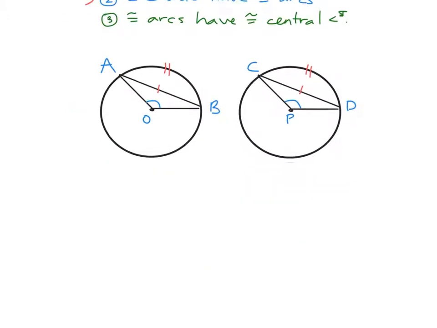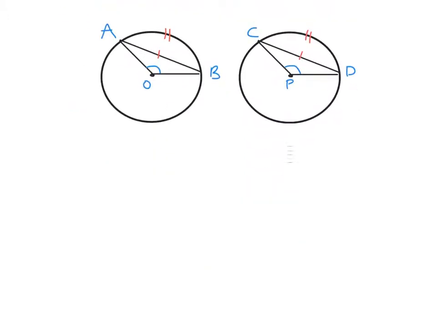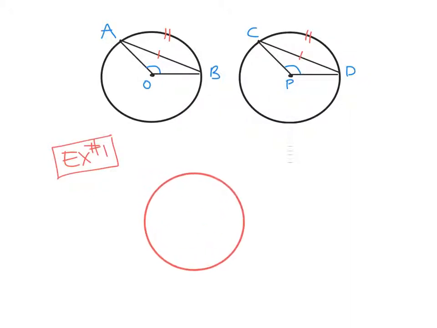With that in mind, this is example 1. Let's say I give you this circle and there is a chord here and there's a chord here.